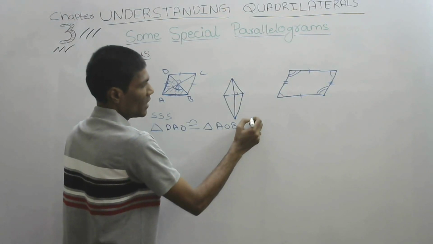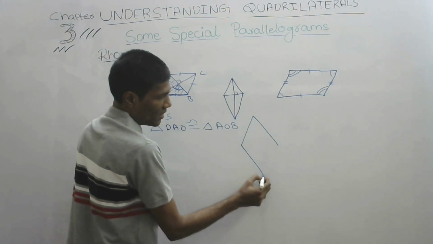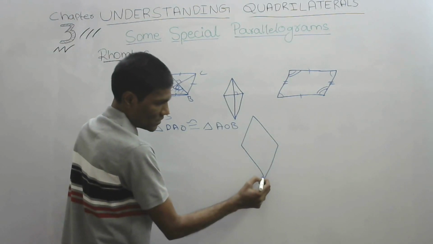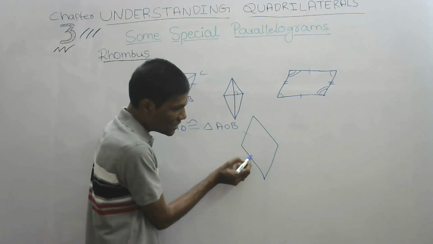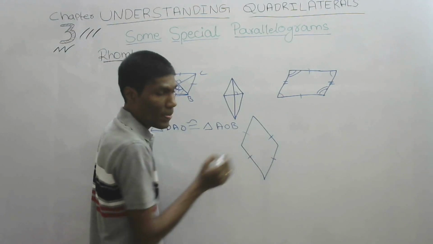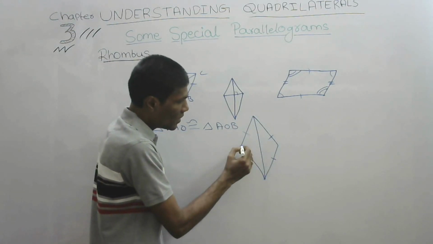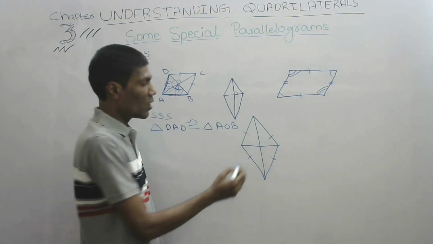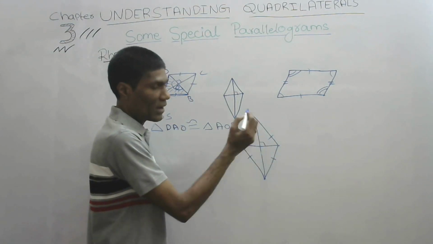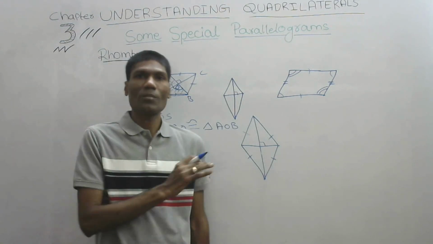So, let us take it this way. This is a rhombus. It looks like a kite, but all sides are equal. In that case, diagonals bisect each other and are also perpendicular. This is a special feature of a rhombus.